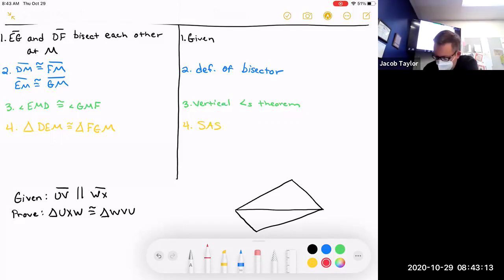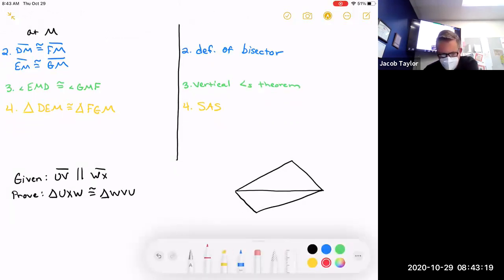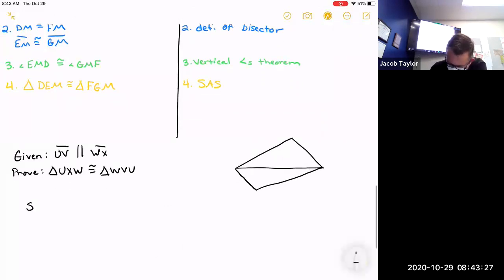Okay, so UV and WX are parallel. That was given. So I think we can safely put that as our first statement. You didn't label any of the angles. What do you mean? You just label which angle it was.